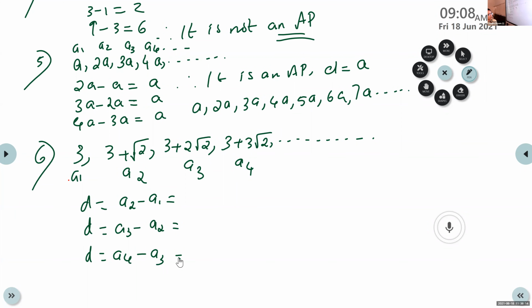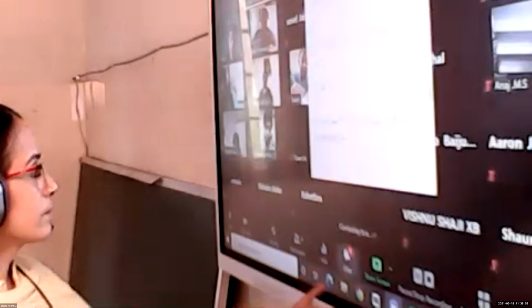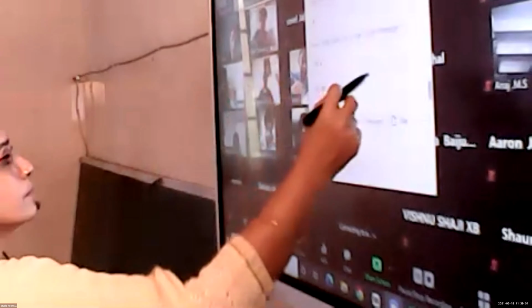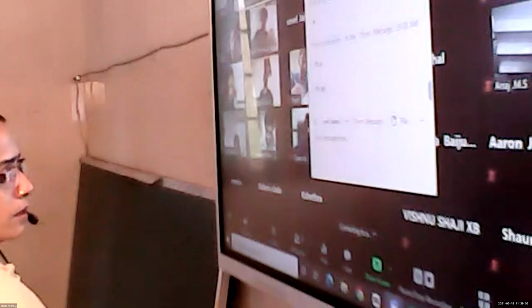Find and check whether they are equal or not. If it is an AP, write its D also.